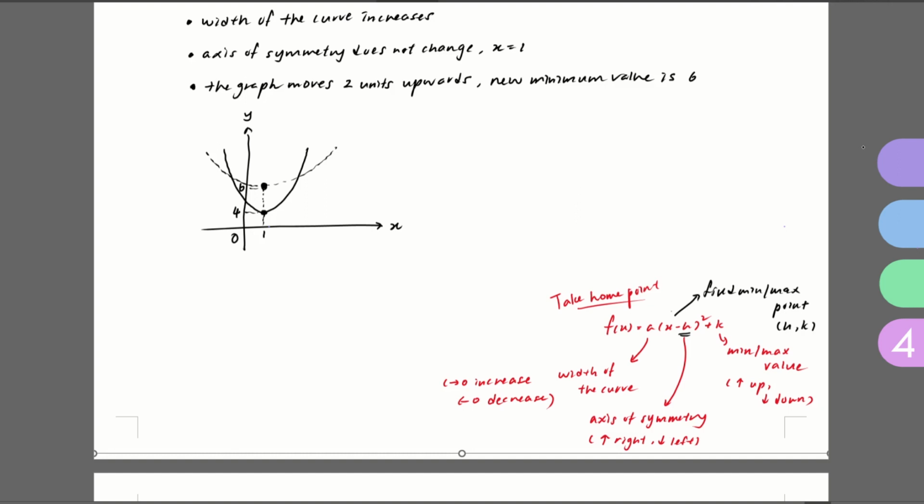A represents the width of the curve, so when A moves closer to 0, the width will increase, otherwise decrease. H represents the axis of symmetry, so if it increases, the whole graph moves to the right, if not, it moves to the left. And lastly, K represents the minimum or maximum value, so if it increases, the whole graph will move upwards, if not, it will go down.